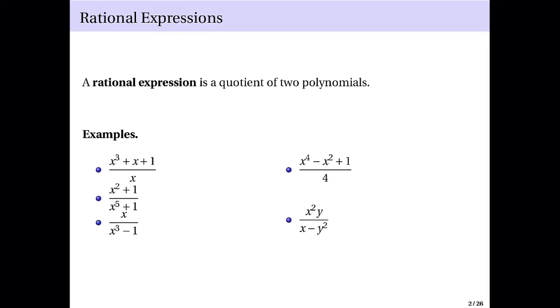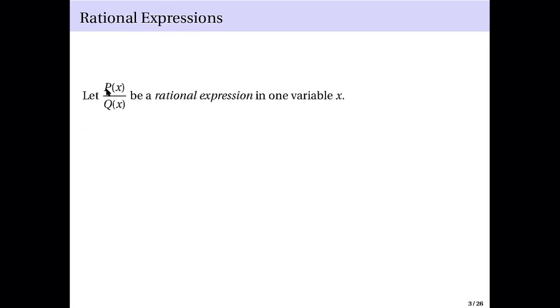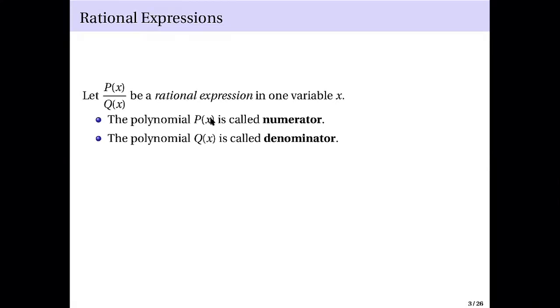Okay, so let p of x over q of x be a rational expression in one variable. The polynomial p of x is called the numerator and the polynomial q of x is called the denominator. It's the same terminology that we use for fractions: numerator and denominator.